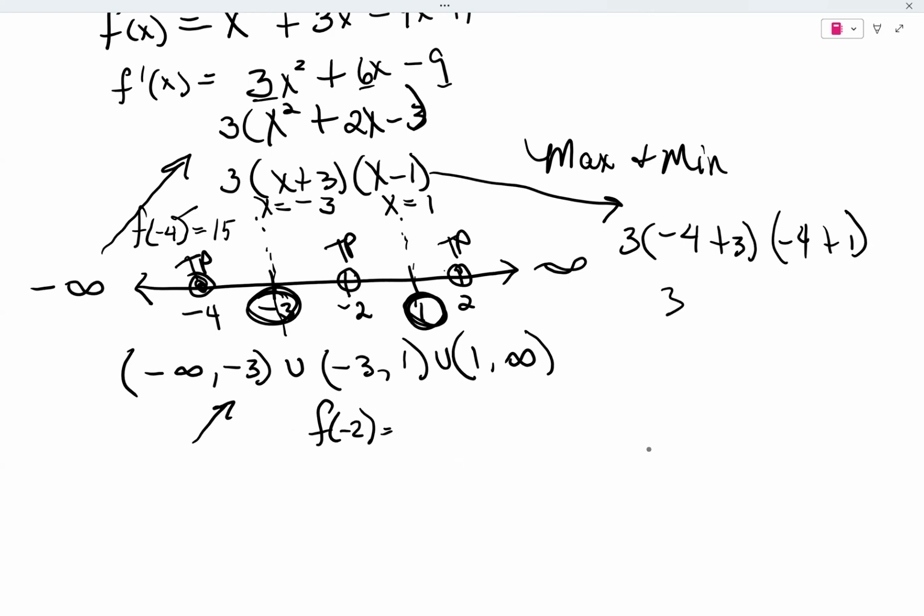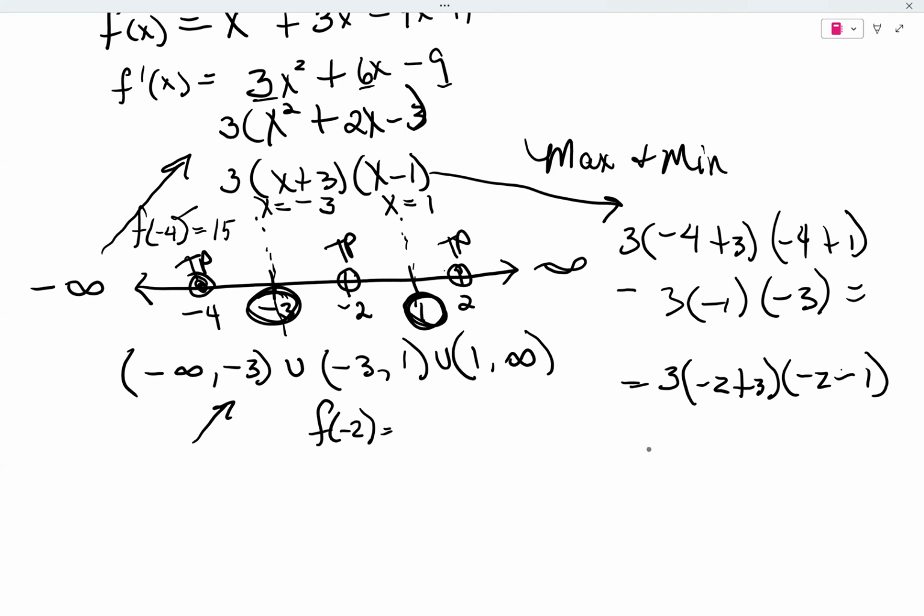I end up with 3 times negative 1 times negative 3. And so that'll help me find my value. And then I repeat the process with negative 2. So we'll start with 3 times negative 2 plus 3 times negative 2 minus 1.